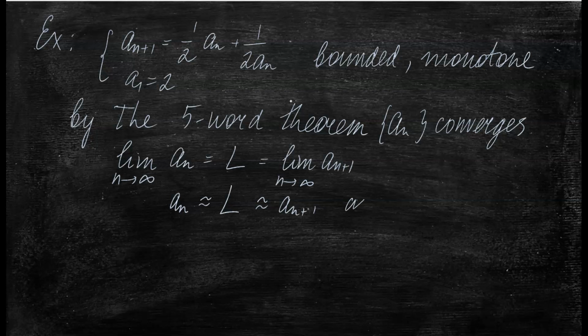So we can replace in the general formula the n plus 1th term and the nth term with L. If we do that, we end up with the following equation. Let's subtract 1/2 L from both sides. Let's multiply everything by 2L.